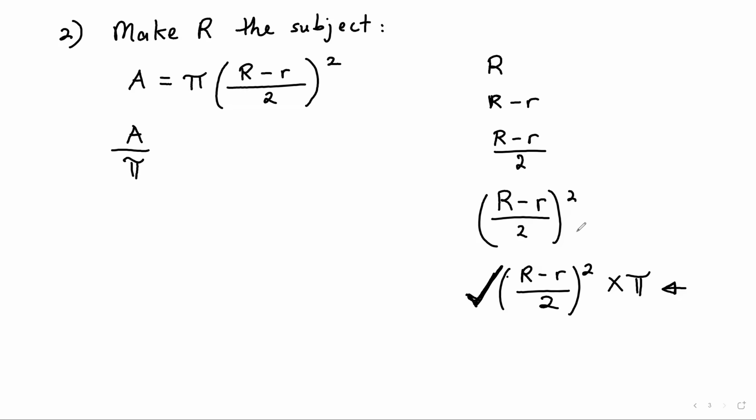So what's the opposite of squaring? Square root, right? So then I will have to take the square root of A divided by pi. So I've gotten rid of that square.